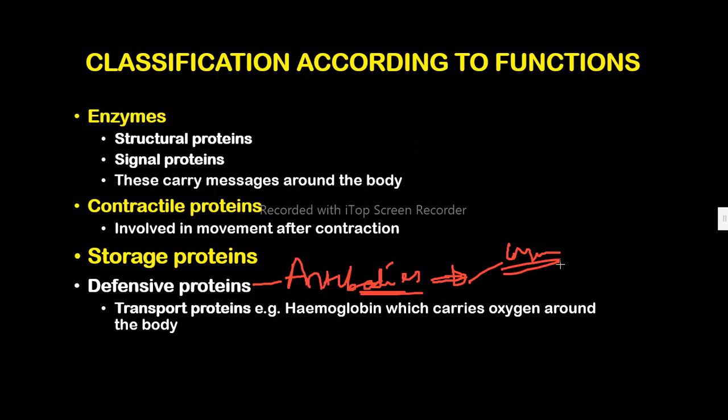Why do you immunize? To develop antibodies so that on real exposure you are able to respond when the real pathogen comes in. And so those are the antibodies of ours.